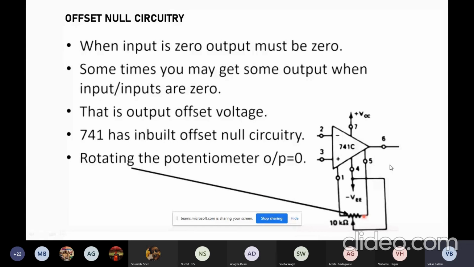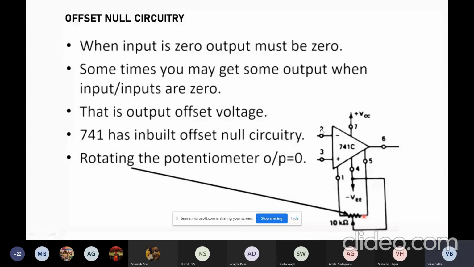That is mainly because of the noise present over here. And in order to combat the noises present at both the inverting and non-inverting terminals, I need to be using something called offset voltage, or I need to be nullifying the effect of the excess noise or unwanted voltages which are giving me a wrong output at the output.